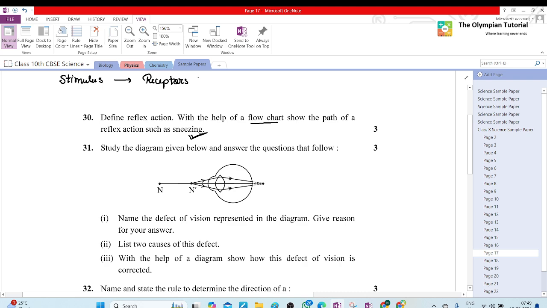Receptor means nose, then sensory neuron. After sensory neuron, spinal cord, that is relay neuron. After that, motor neuron.